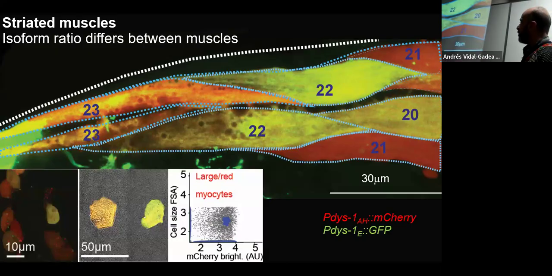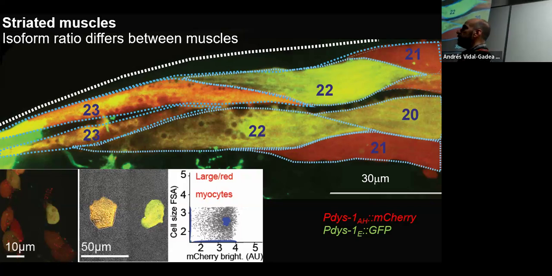And then you can convince another student, Danny, to pass these through a FACS sorter where the cells can be sorted based on their size and on the different levels of different fluorophores, right? And so this will allow us in future to quantify gene expression and protein expression on muscles sorted by the level of expression of different isoforms, for example, right? And tell us how they control that expression.